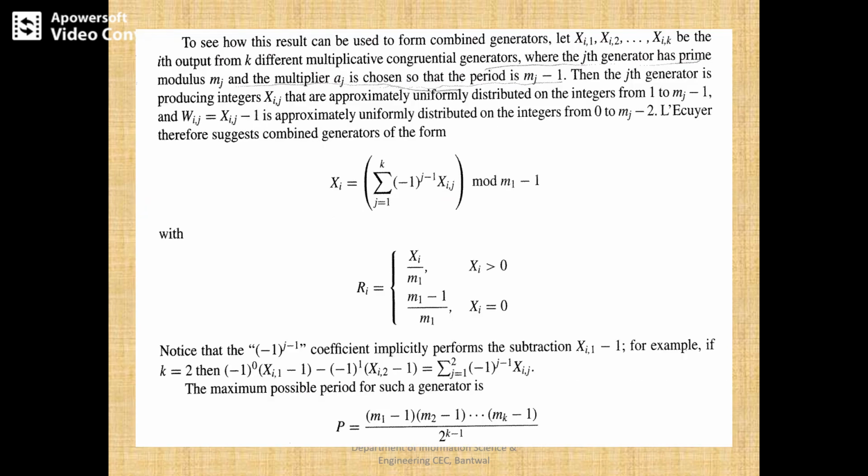How can we use this result for combined generators?